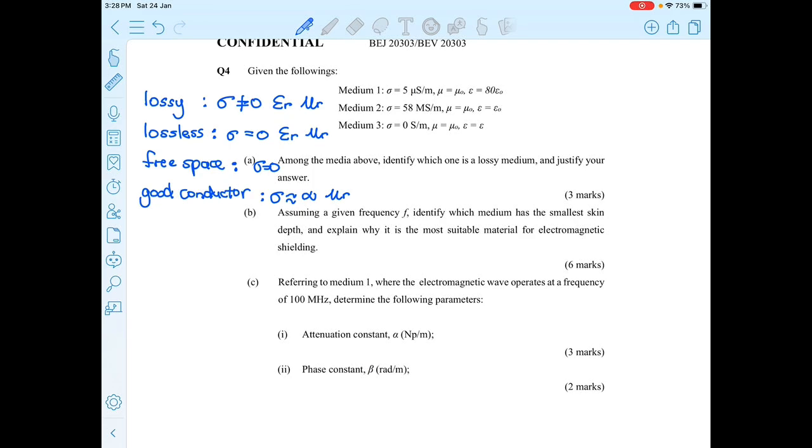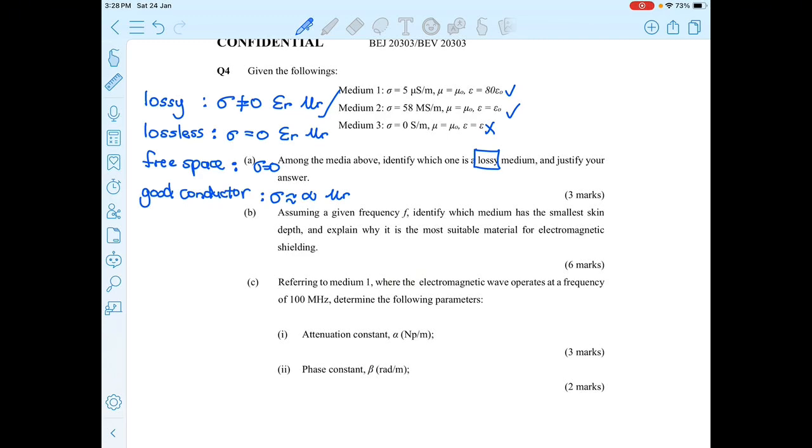Now we need to determine which of them is lossy. For lossy, the conductivity is not 0, so this one is not possible to be a lossy medium, because its conductivity is 0. Now you have this and this.